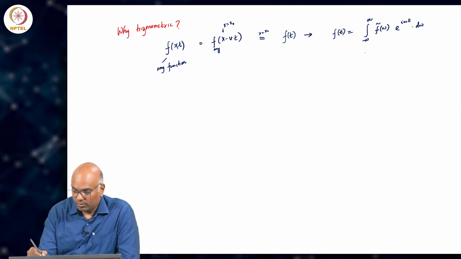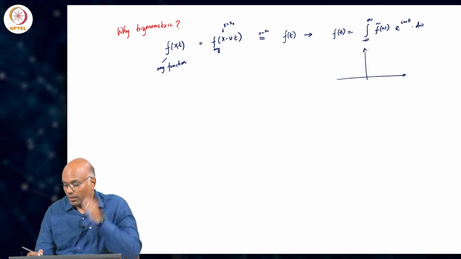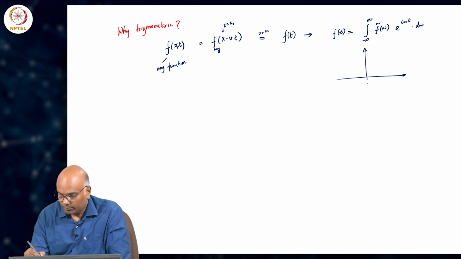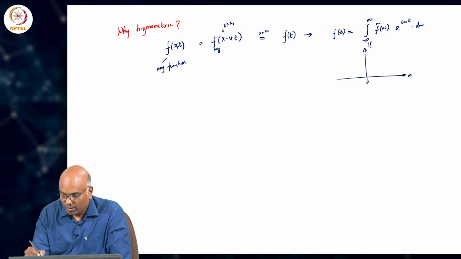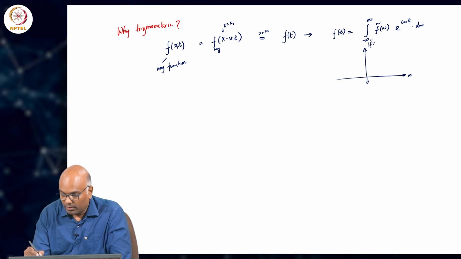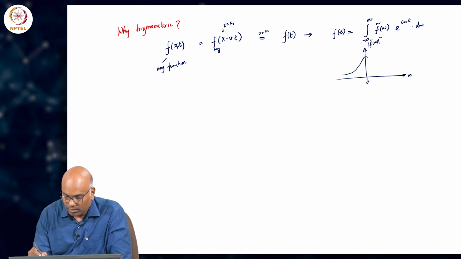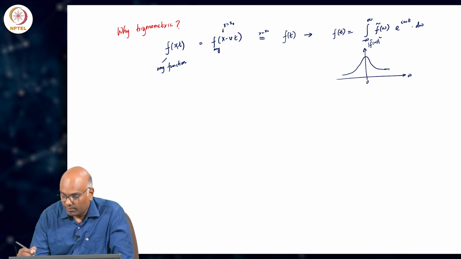Now, to get an idea of what this is, for every omega, although f tilde can have a complex value, I can plot its spectrum, right. What does this tell me?